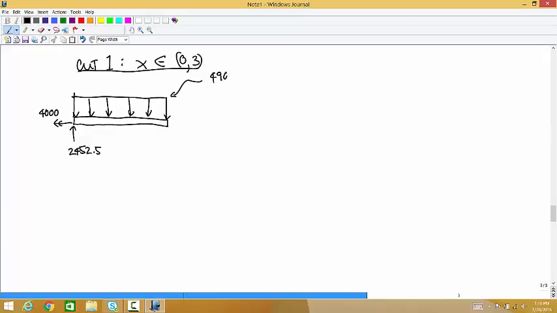So 4905 divided by 6 equals 817.5, and that's newtons per meter. And then you have the internal loads.